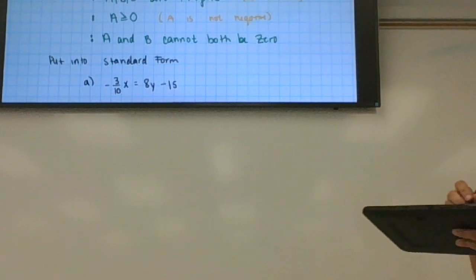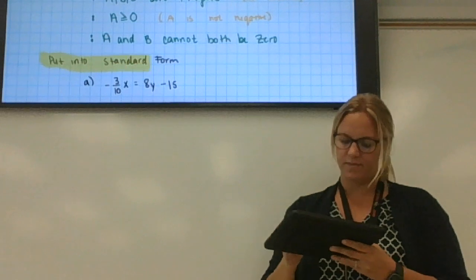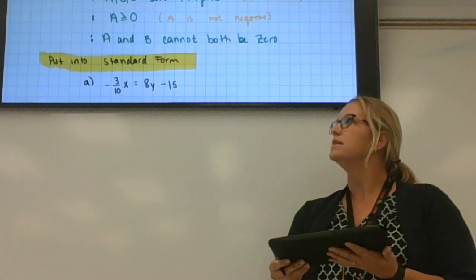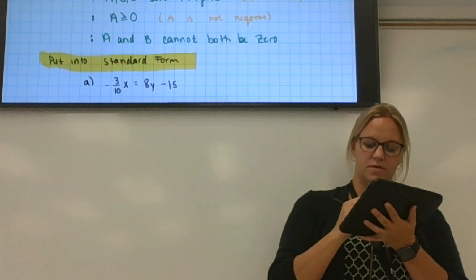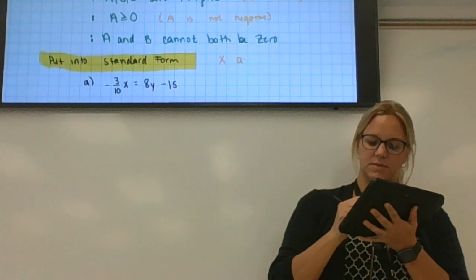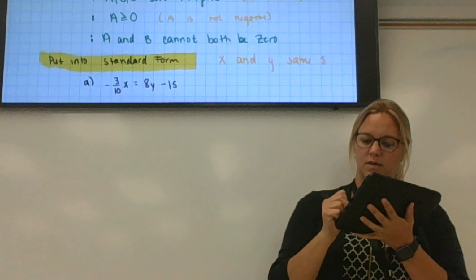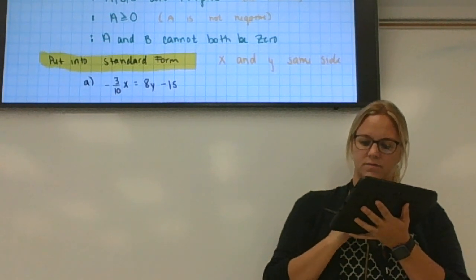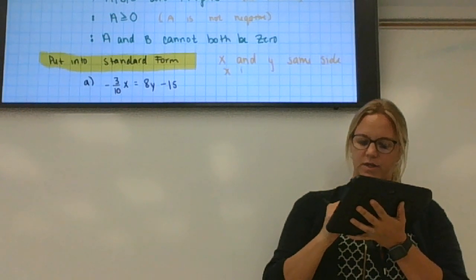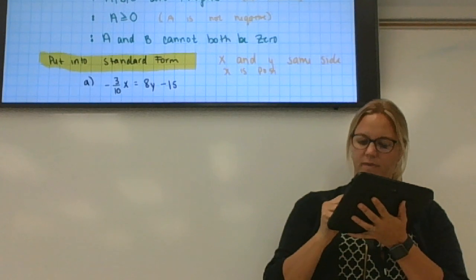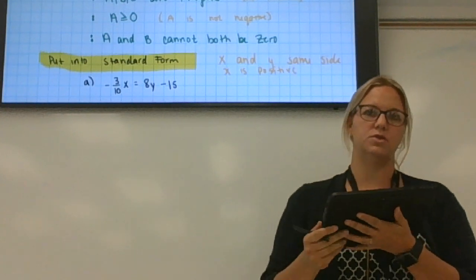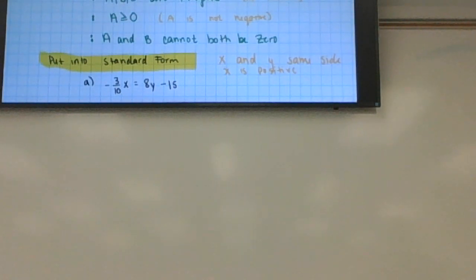So when it says put into standard form, if I could write some simple directions for you, you need X and Y on the same side. And X should be positive. So it's just rewriting your equation.